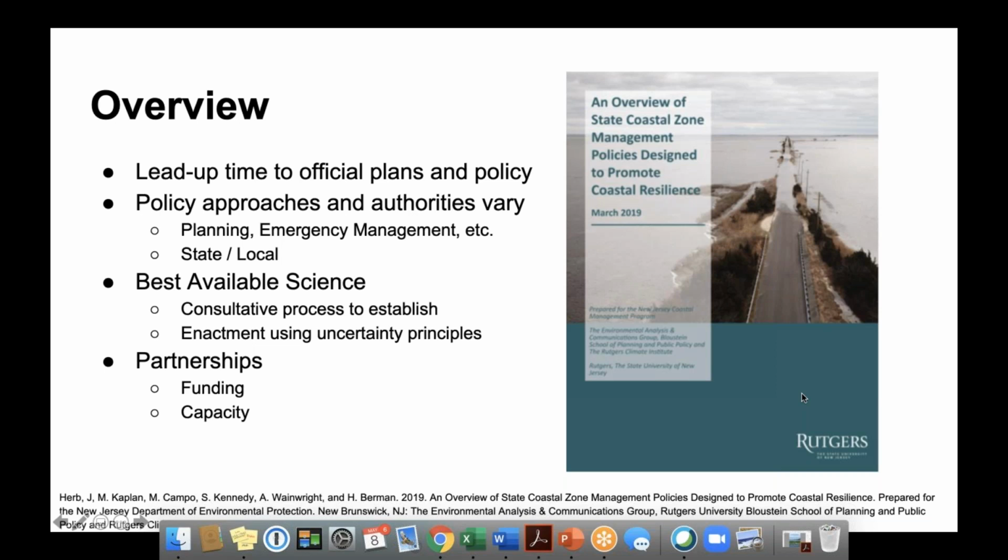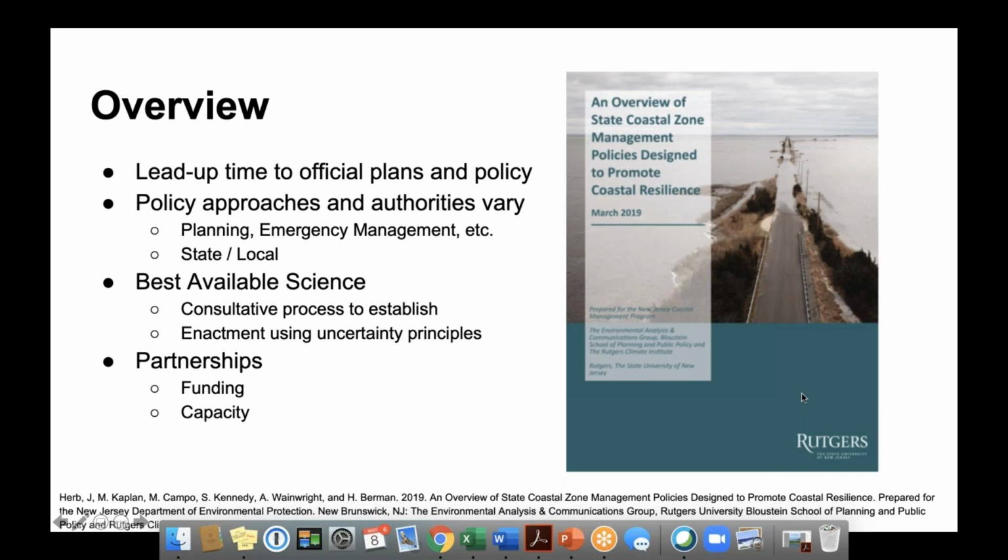When we talk about using the science, one of the things that we see is that a lot of the planning involves a consultative process, right? So it's about planners working with oceanographers and climate scientists and folks across different realms and disciplines to really understand and establish how to best use that science.